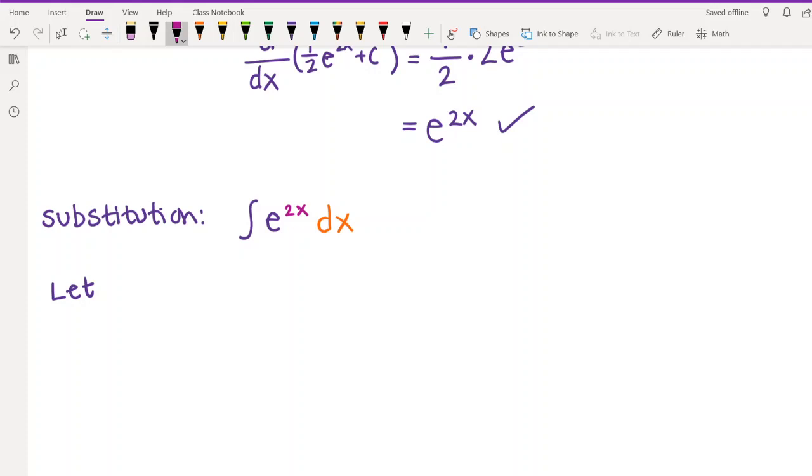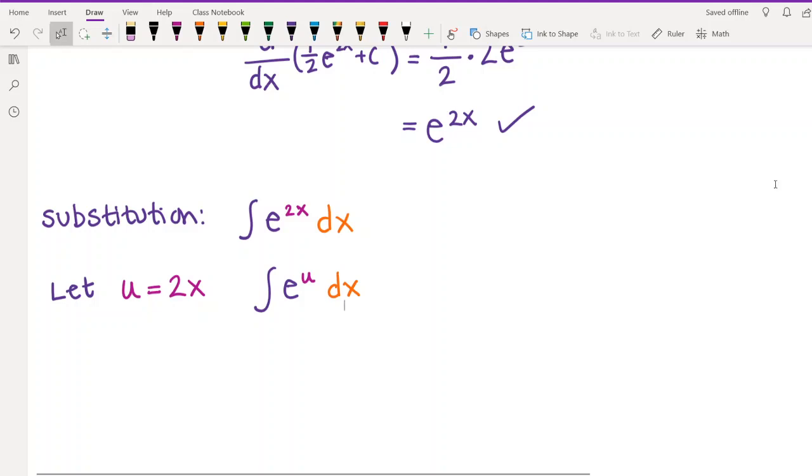You could use Y, you could use W. Basically you're just choosing a variable that's different from the one that you started with. So let's let U equal 2x. Basically we're going to be changing this 2x to a U. And so if we only changed the 2x, we would be left with e to the u dx.